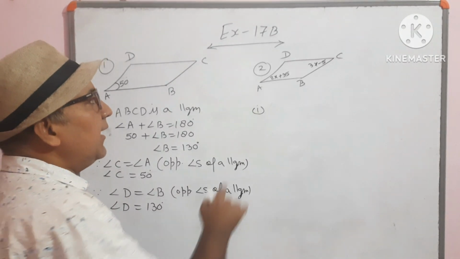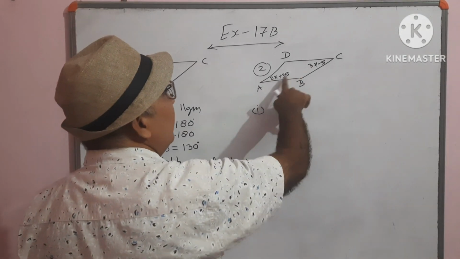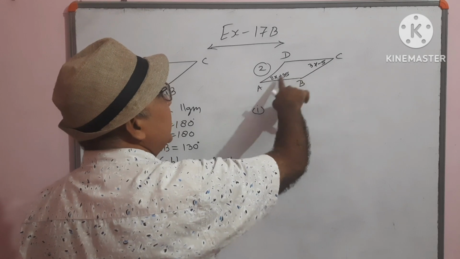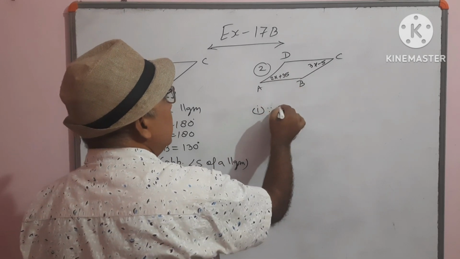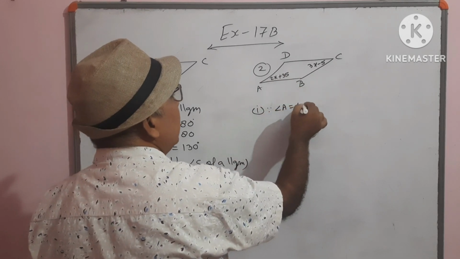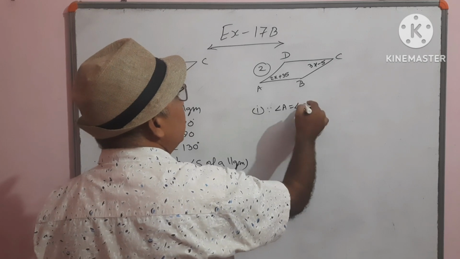You can see that to find the value of x, we will use the opposite angles of the parallelogram because angle A is equal to angle C.